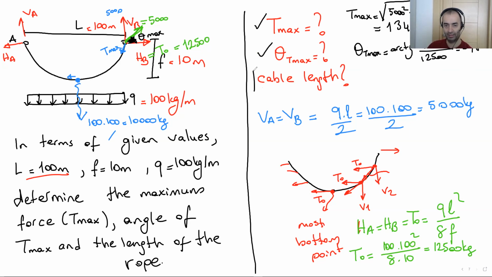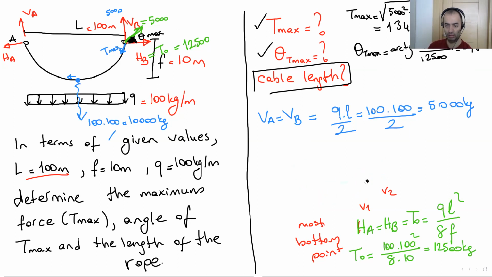Now, cable length. What was our equation? I don't want to change the page, so I'm going to clear this part and write here because I'm going to use the sketch.